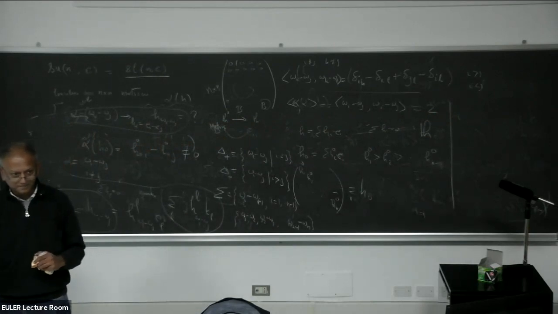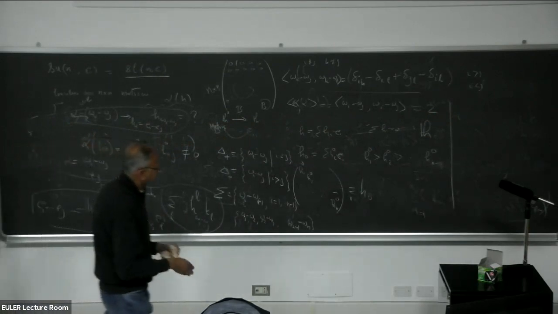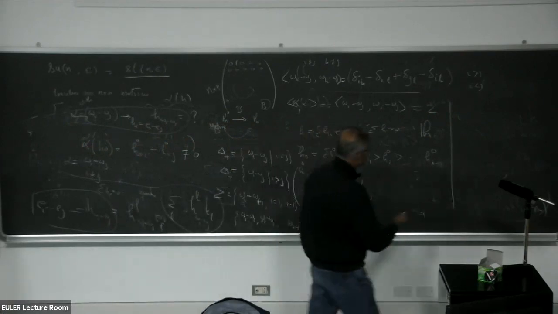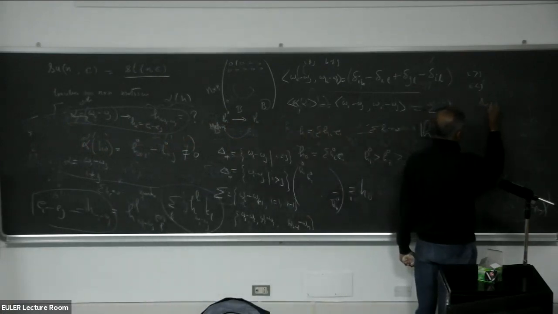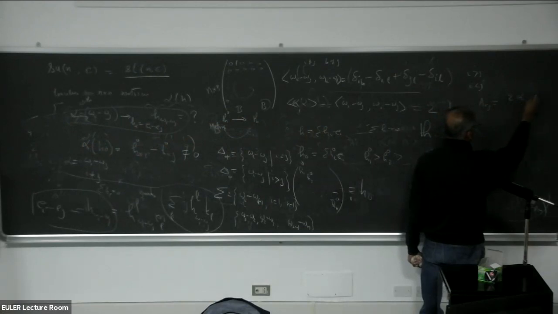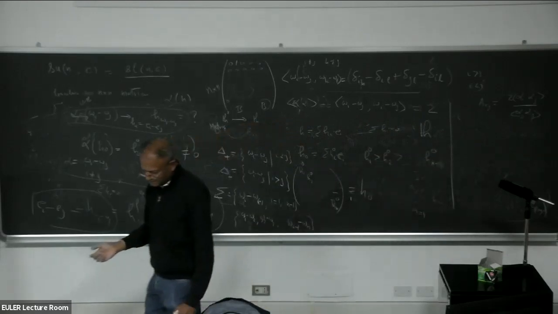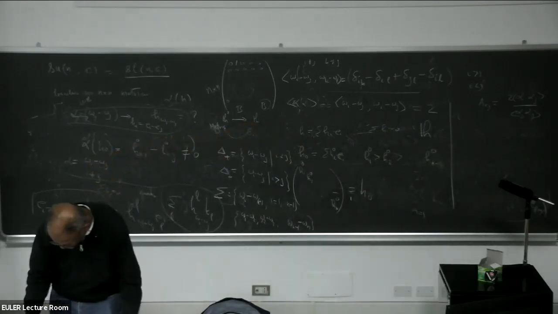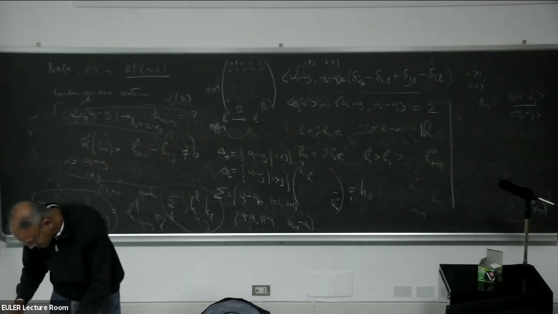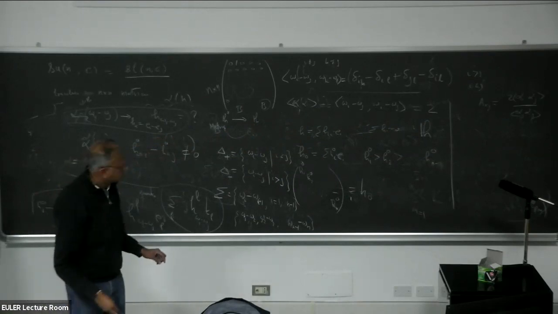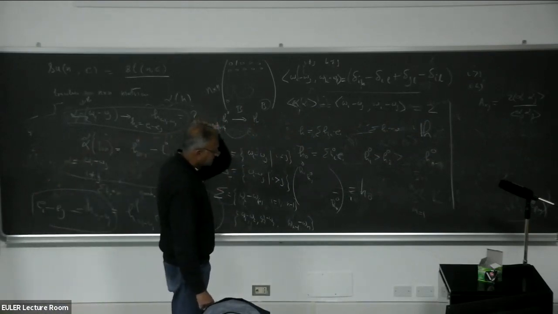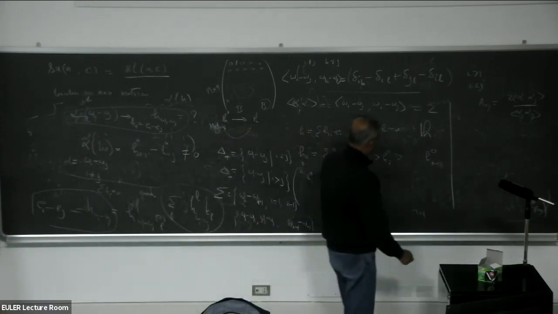Remember we found A_ij was equal to 2 alpha_i dot alpha_j over, I'm not sure whether alpha_j or alpha_i alpha_i, alpha_j, yeah.